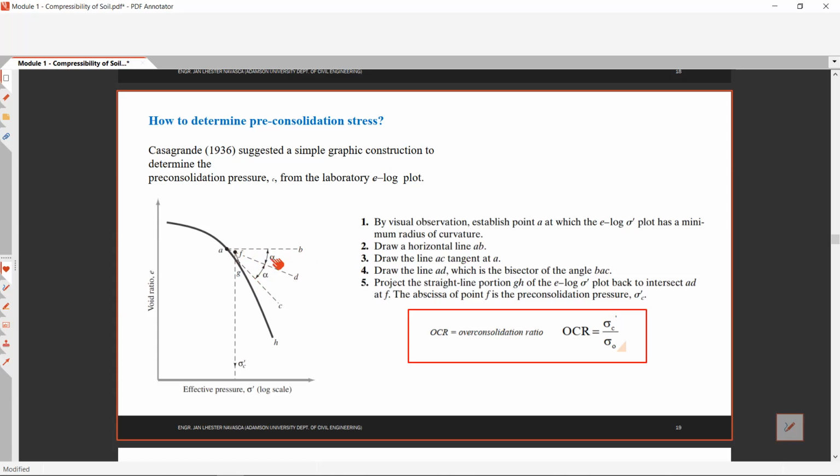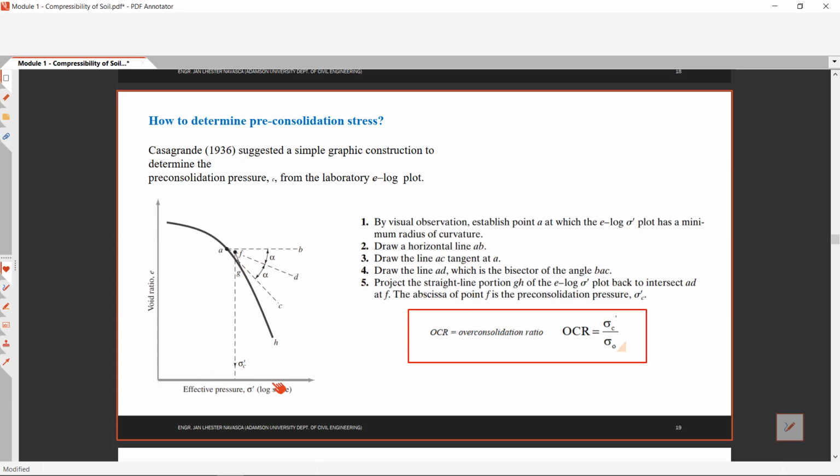Then project the straight line portion GH of the e-log plot back to intersect AD at F, and the abscissa of point F is the pre-consolidation pressure. That is how we get the pre-consolidation pressure, or the effective stress, determined by the Casagrande observation.